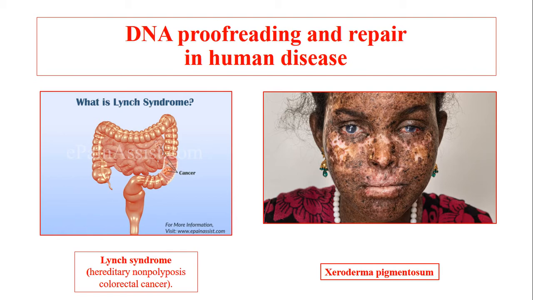People with xeroderma pigmentosum develop severe sunburns from just a few minutes in the sun, and about half will get skin cancer by the age of 10 unless they avoid the sun.